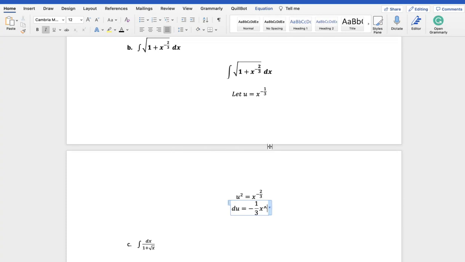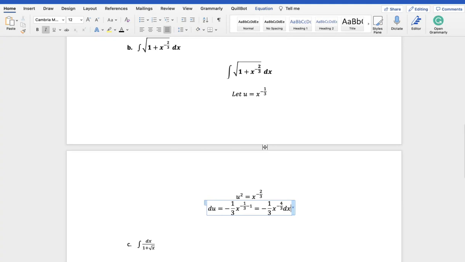Multiplied by x to the negative 1 over 3 minus 1. And this is equal to negative 1 over 3 times x to the power negative 4 over 3 dx, right?